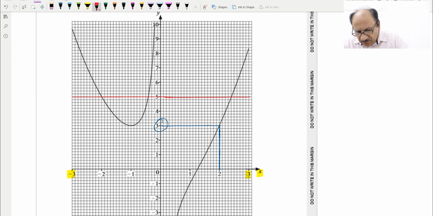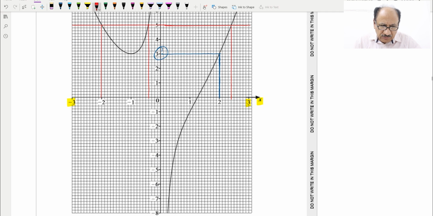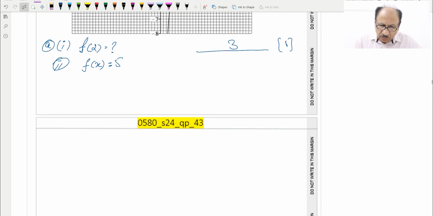I'm first indicating the x values, and then we will check the x values where we are getting these answers. One answer which I got is -2, and the second answer will be -0.4, and the third answer will be 2.4.